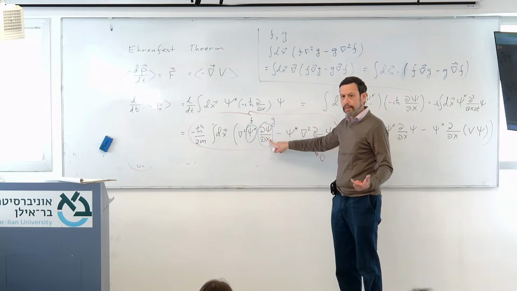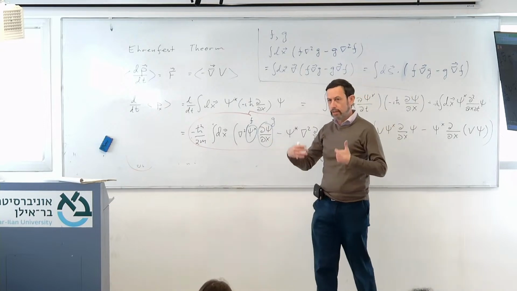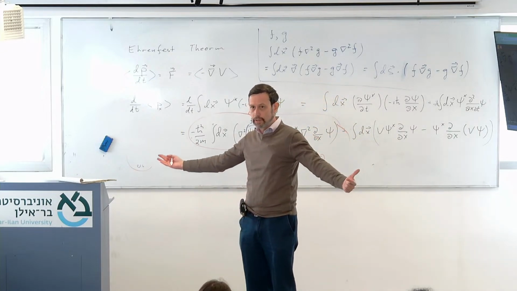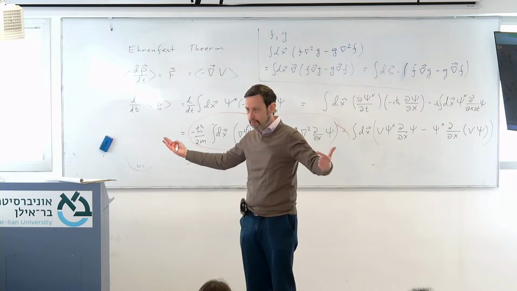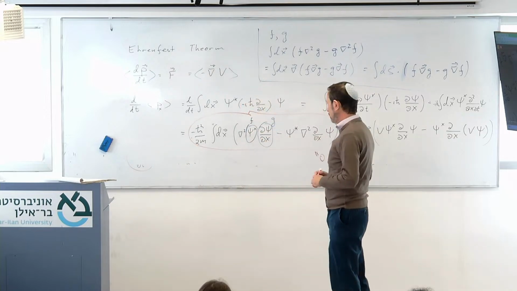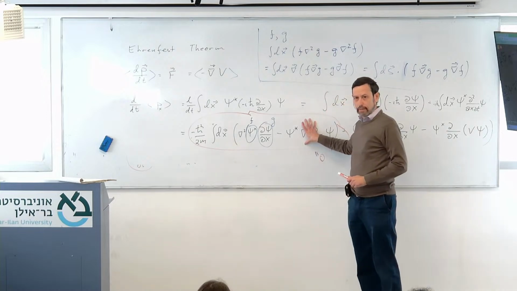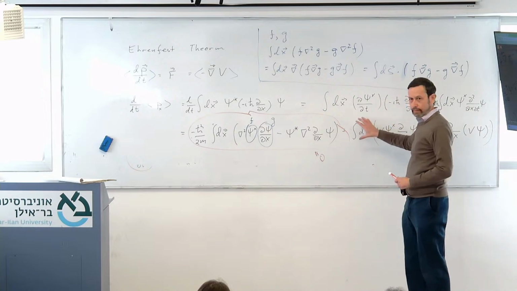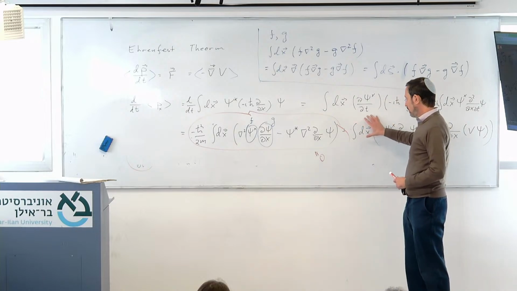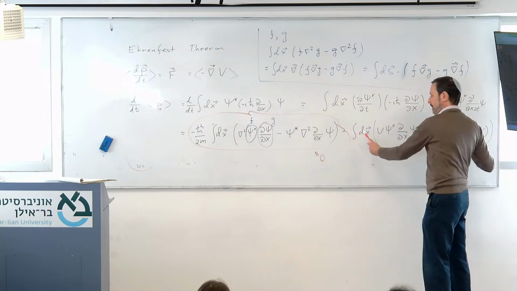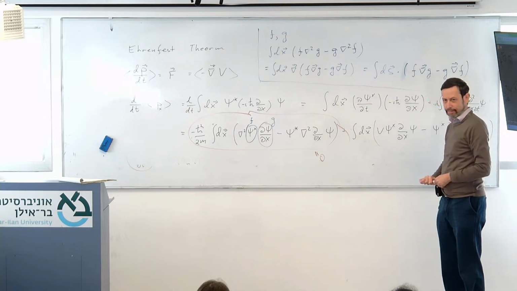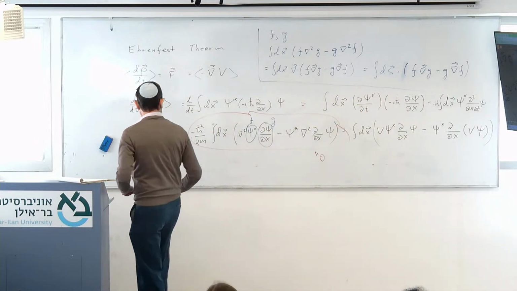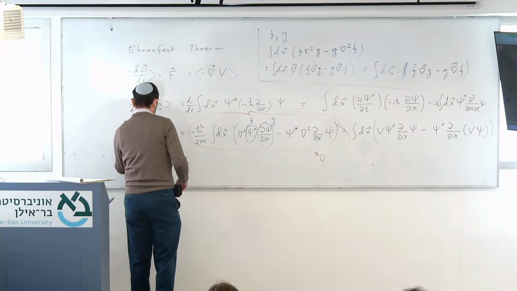Again, because a wave function squared is probability, and if it doesn't go to 0, you'll have a divergent probability. Can't be. So we shortened our long and cumbersome algebra into only this part. Okay, let's see what we can do with this part.